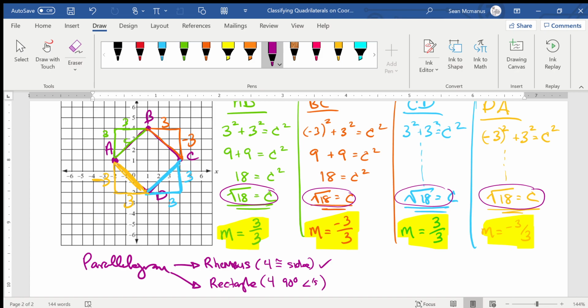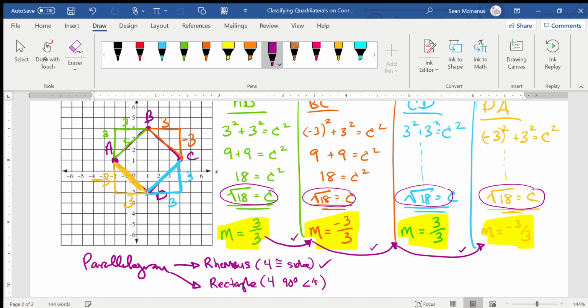So remember, we checked to see if the angles are 90 degrees by looking to see if, as I go this way, the slopes of consecutive sides are opposite reciprocals. So 3/3, if I flip it and change the sign, I end up with -3/3, so that one was good. -3/3, if I go to the other side, I flip it and change the sign, that one's good also. It's just going to keep doing the same thing, right?